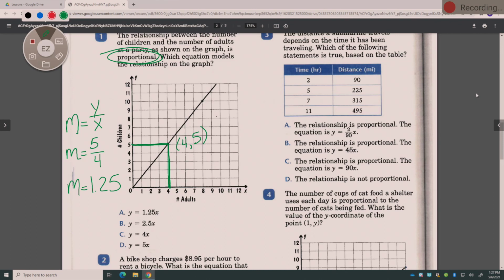So remember, because it's proportional, it's just y equals mx. So y equals 1.25 times x. That is right there. Let's look at number 3.